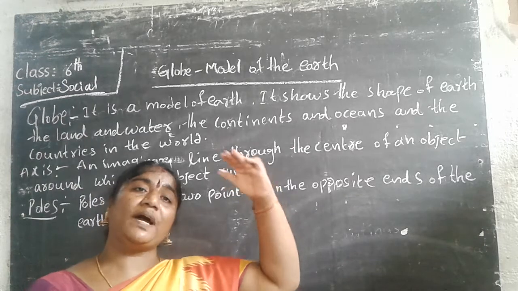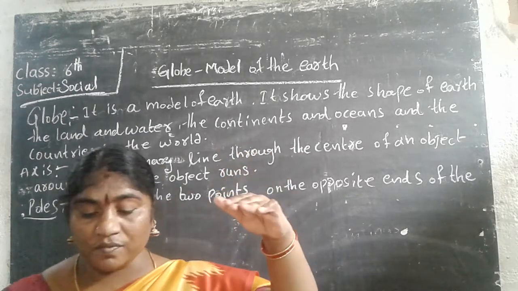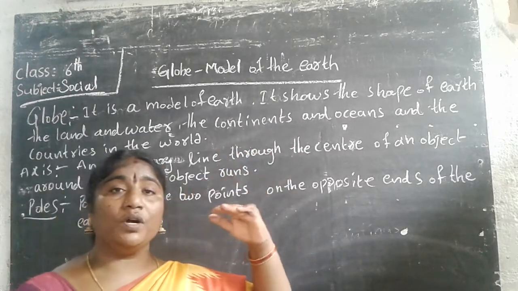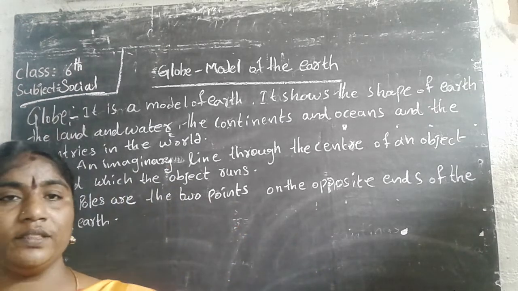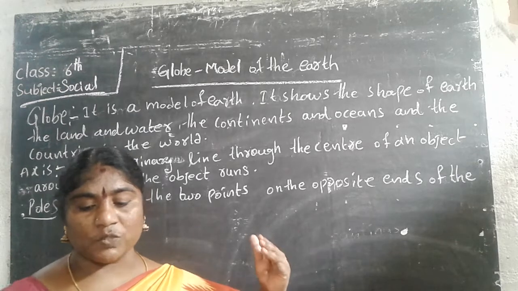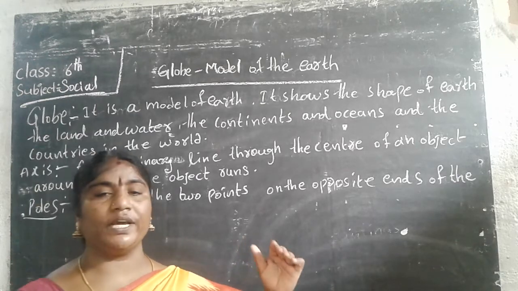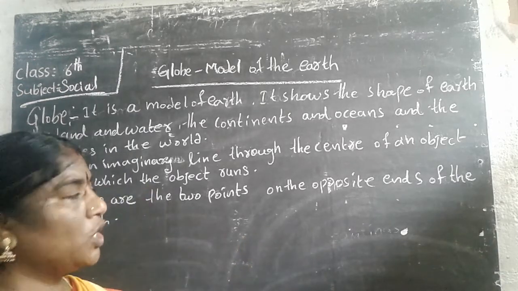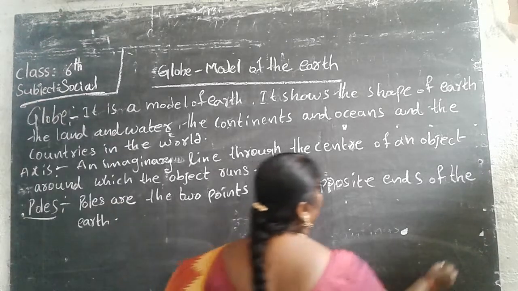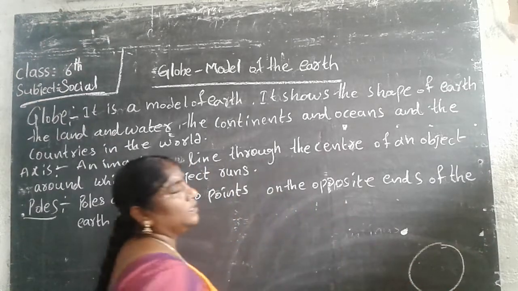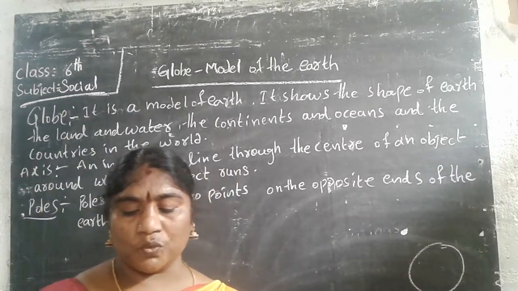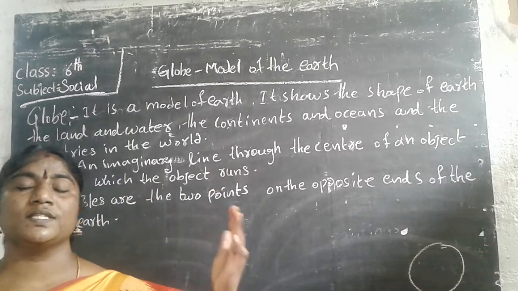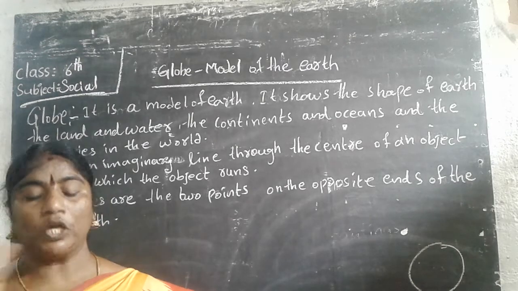And hemisphere: half of the Earth is called a hemisphere. Spatial means shaped like a sphere. Sphere means globe, round. Latitudes and longitudes connect to the whole globe.